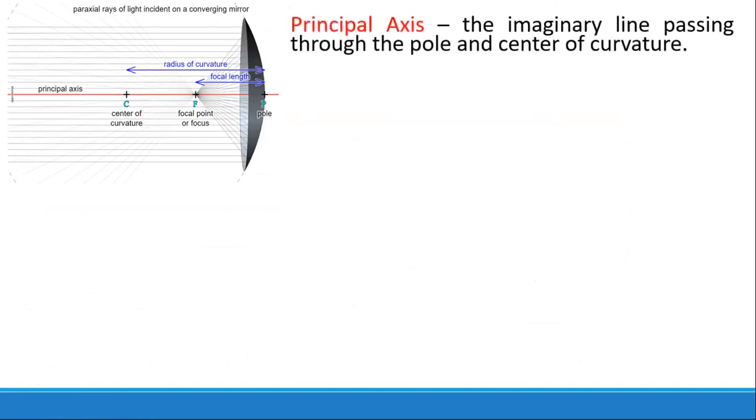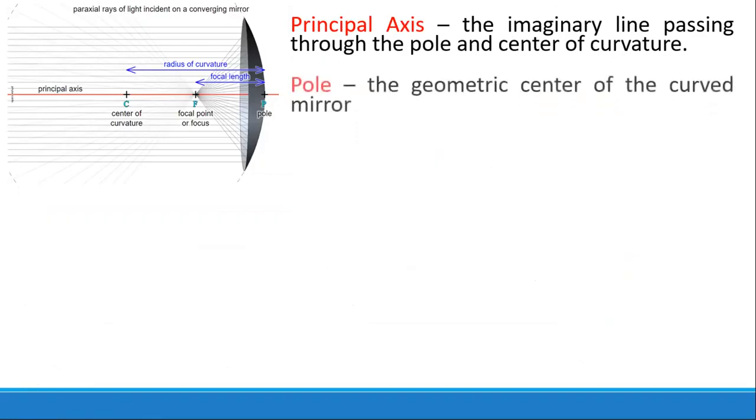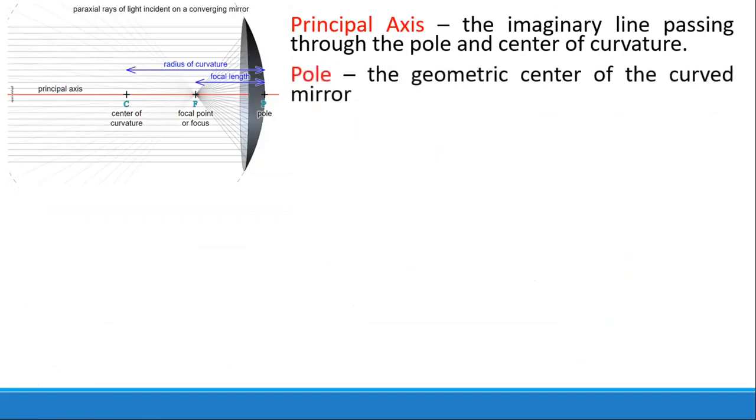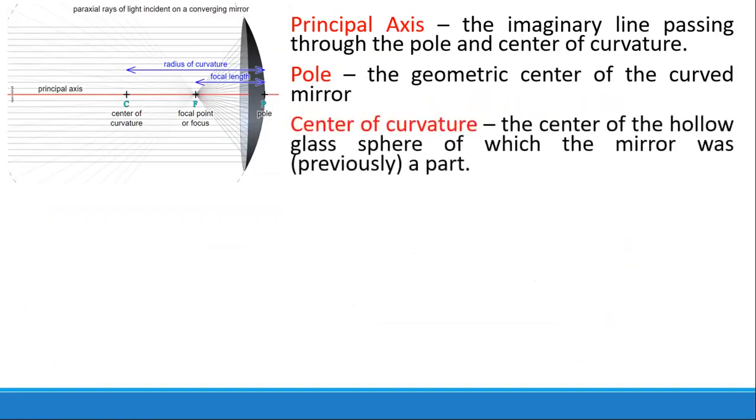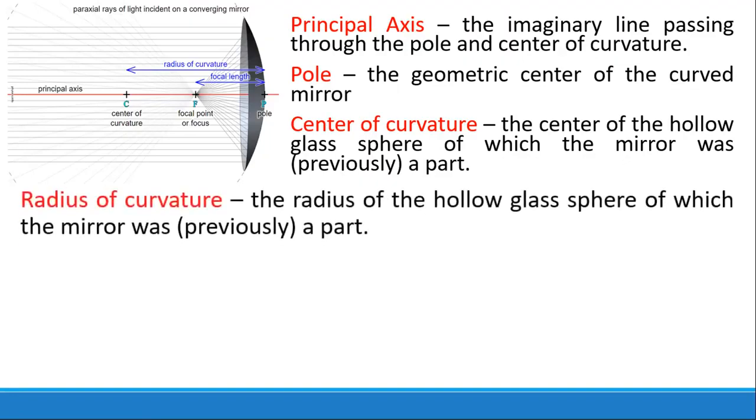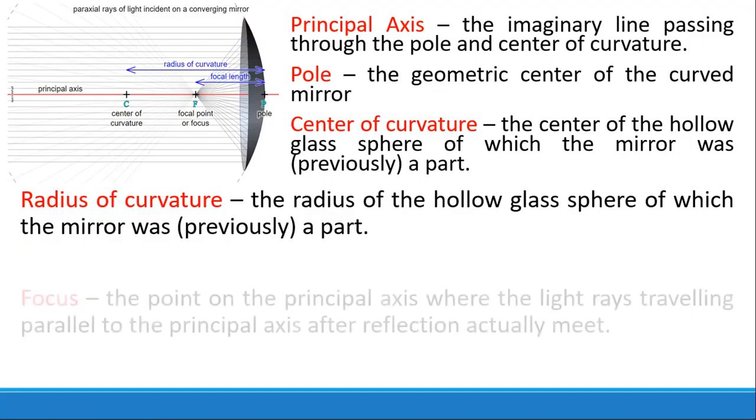The principal axis is the imaginary line passing through the pole and the center of curvature. The pole is the geometric center of the curved mirror. The center of curvature is the center of the hollow glass sphere of which the mirror was previously a part. The radius of curvature is the radius of the hollow glass sphere of which the mirror was a part.